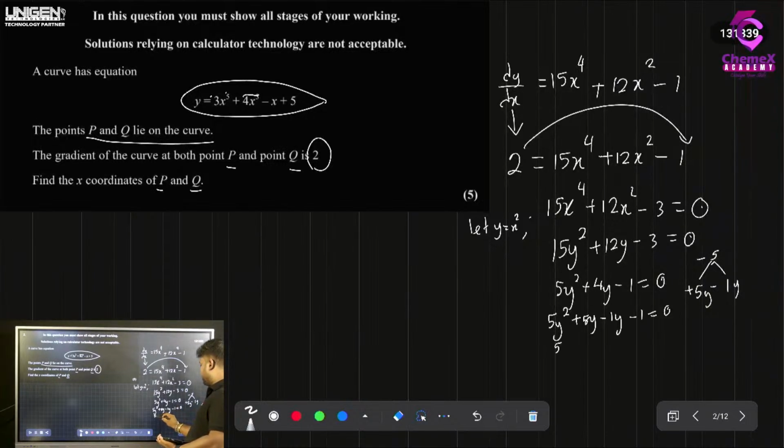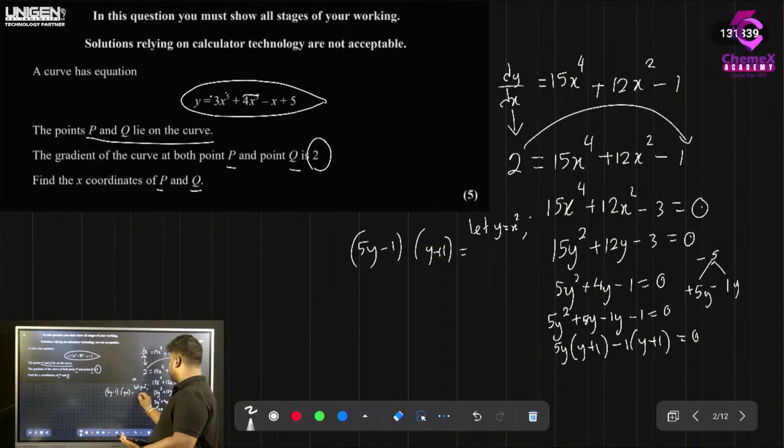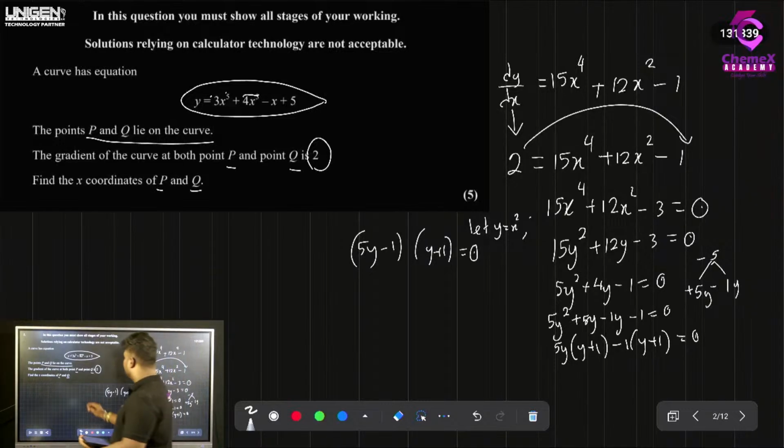So 5y you take it out, y plus 1, you take minus 1 out, y plus 1 equals 0. So then you can take 5y minus 1 as one bracket and y plus 1 as one bracket. So y is equal to 1 over 5 is one answer, and the other answer is y equals minus 1.